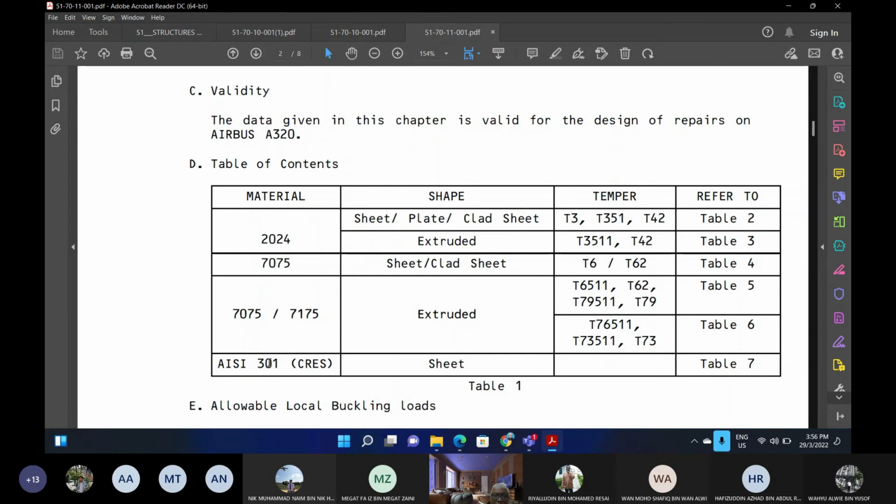And then the sheet metal, if you need a thinner repair, because the repair is too thick, you want to make it thinner, so you use steel AISI 301, but you have to treat the stainless steel with cadmium plate, so you will not get corrosion due to contact with aluminium.